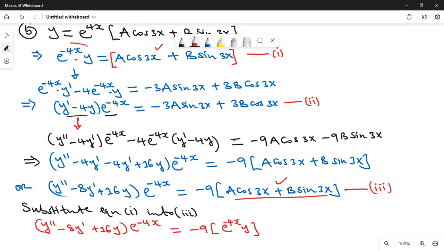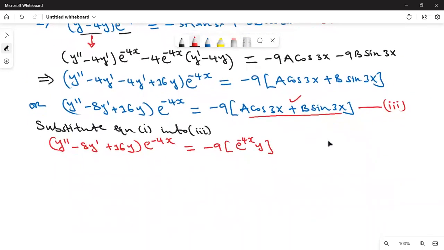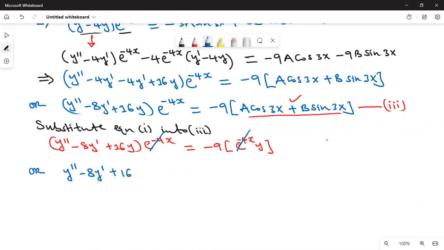When you divide by e^(−4x), it cancels out. So you can say y'' − 8y' + 16y is equal to −9y. The next thing is to take −9 to the left-hand side. When you cross over, it becomes positive 9.